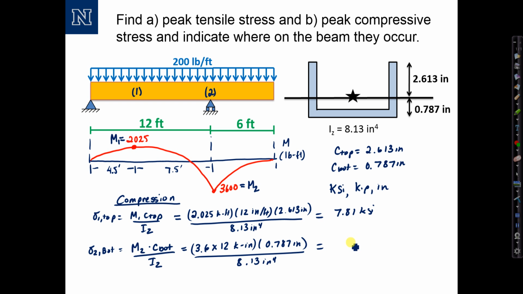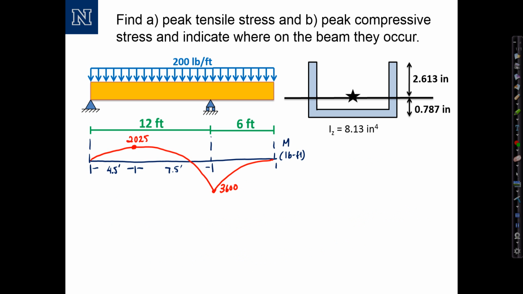This computes to 4.18 KSI. So this indicates that the first one is larger. So this will be our sigma min, or our peak or maximum value in compression. And it occurs at location 1 at the top of the beam. Right here, that's where the maximum compressive stress occurs.